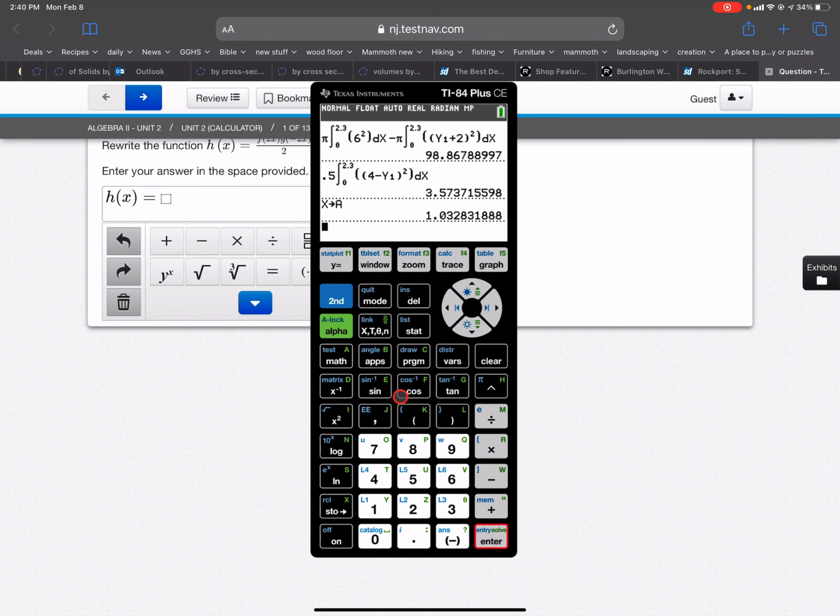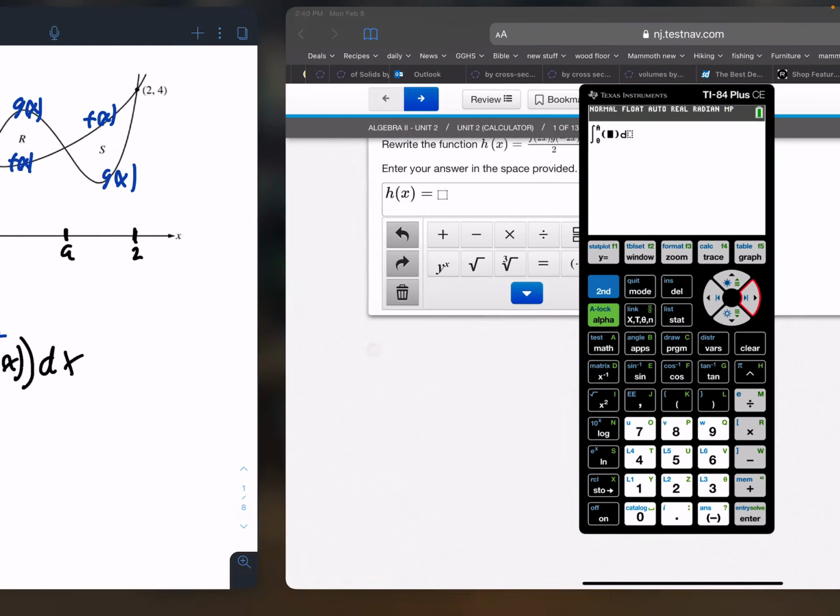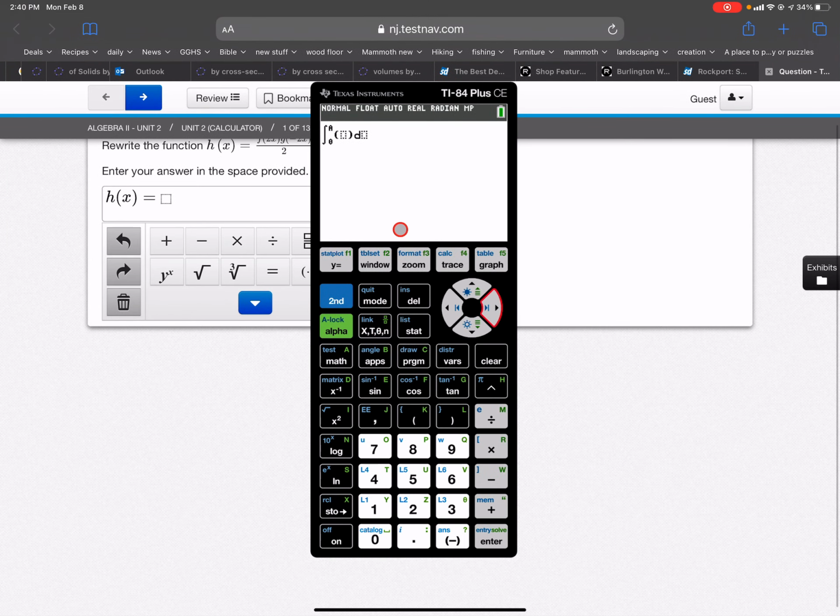So I'll clear the home screen, and I'm going to do math 9 to get the integral. And the first region was 0 to A. And that was y2 minus y1, if I remember right. Yeah. So I'm going to go y2 minus y1 with respect to x.